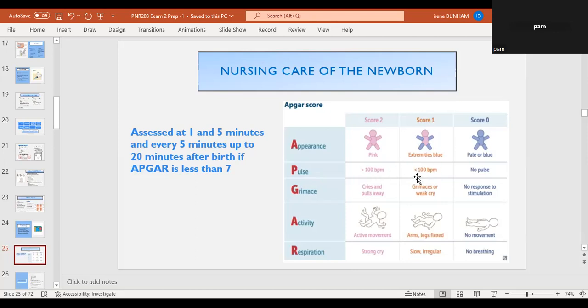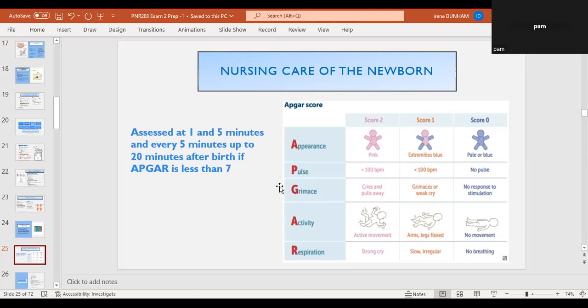Now, if he comes out with a heart rate less than 100, he gets a 1, because you can palpate a heart rate. Now, if he comes out blue and has no pulse, you can't assess that pulse, he gets a 0. Does that make sense? Okay.